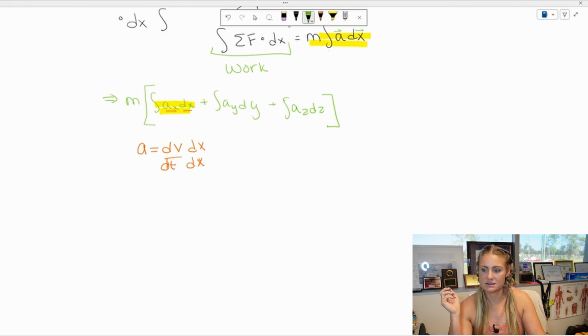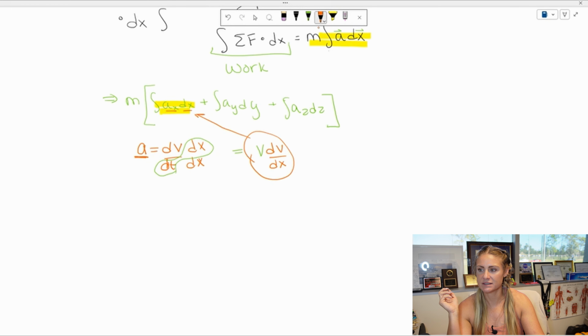What is dx/dt? It's velocity. So this is really equal to velocity times dv/dx. So in place of a, I can substitute this in. Okay, so why don't we do that?